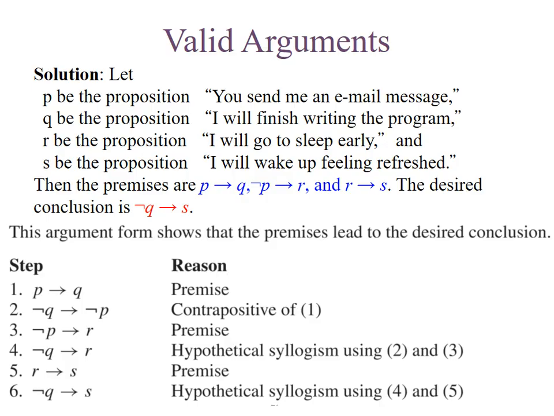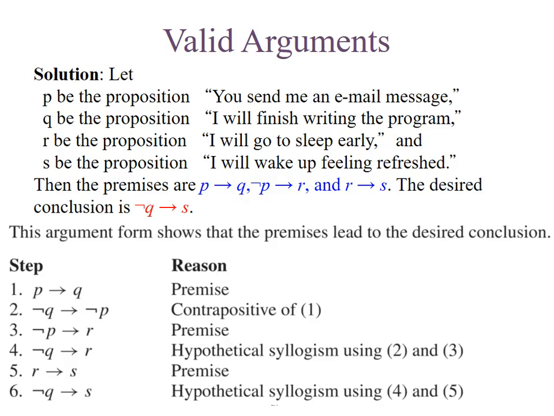Okay, so let's see the steps. If we have if P then Q, so by contrapositive, we have if not Q then not P. Okay, then we use the next premise, if not P then R. Okay, so by hypothetical syllogism, we have if not Q then R. Because not Q implies not P, not P implies R. So not Q implies R. This is one of the rules of inference, hypothetical syllogism.